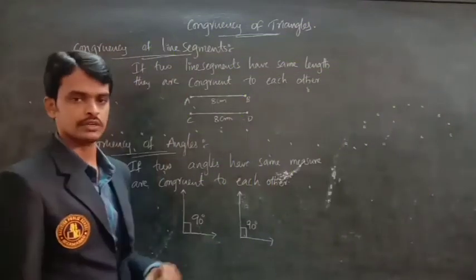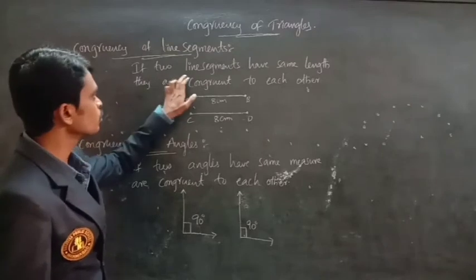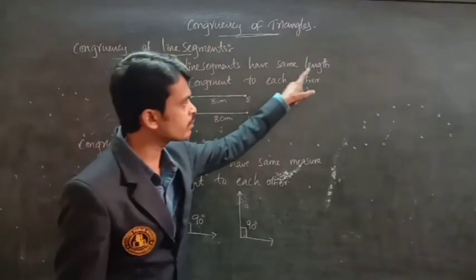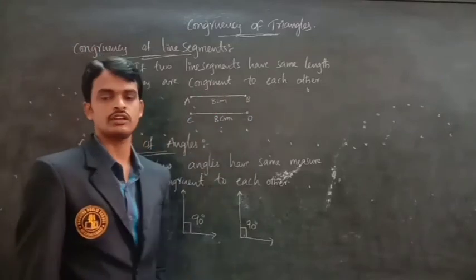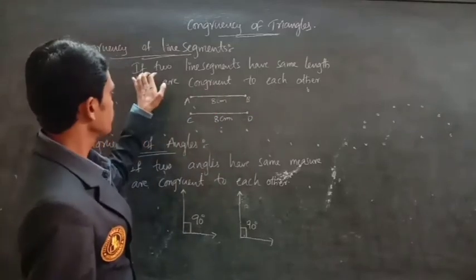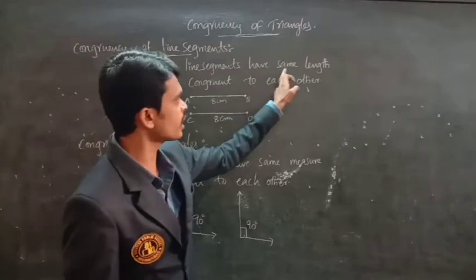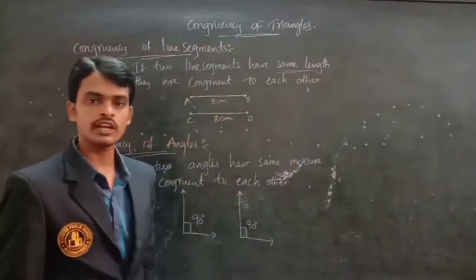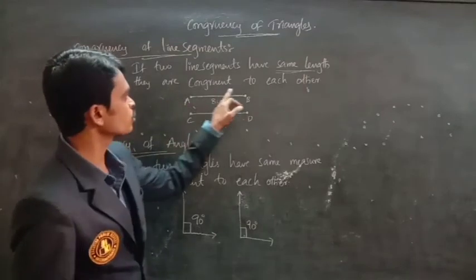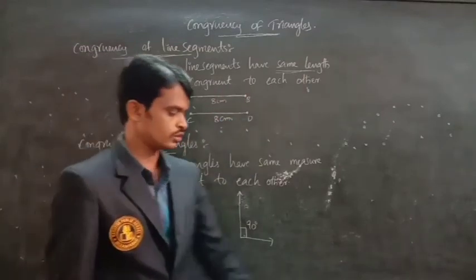Congruency of line segments. If two line segments have the same length, they are congruent to each other. Look here.